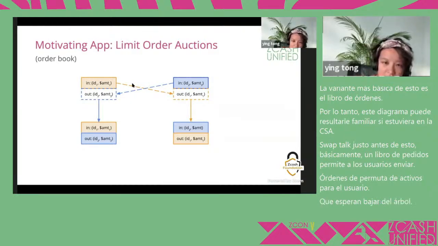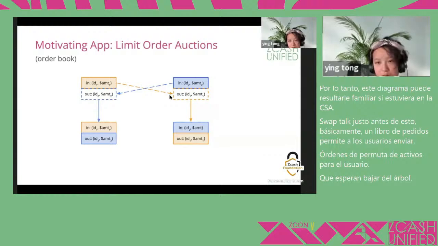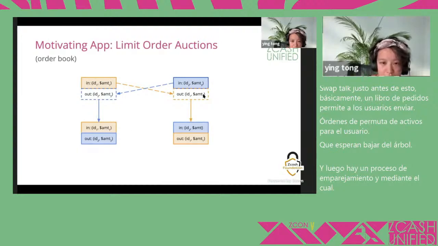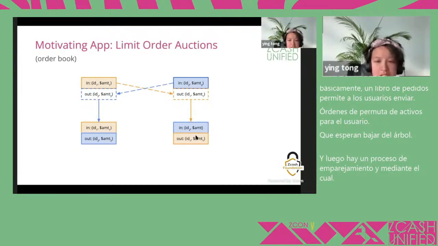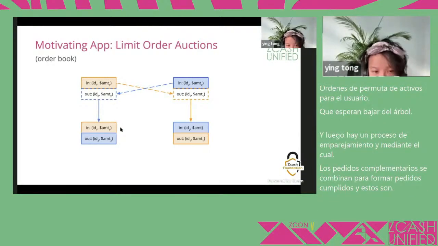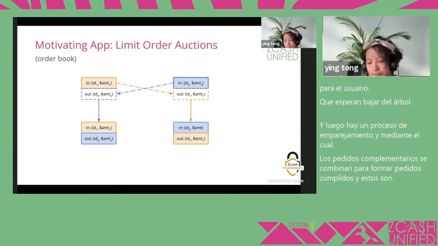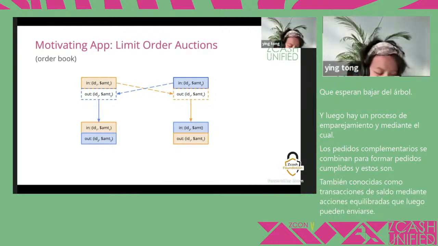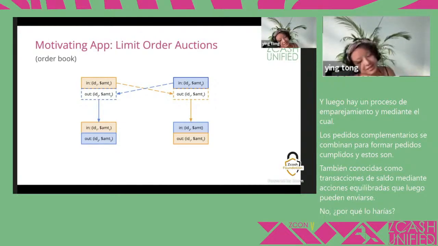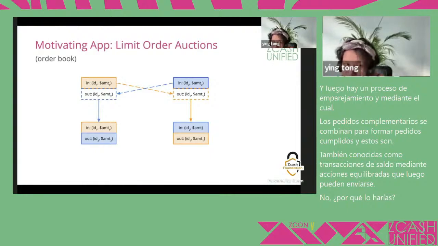And then there's a matching process whereby complementary orders are matched up in order to form fulfilled orders. These are also known as balanced transactions or balanced actions, which can then be submitted on chain. Now, we chose the limit order auction as a motivating application for two reasons.